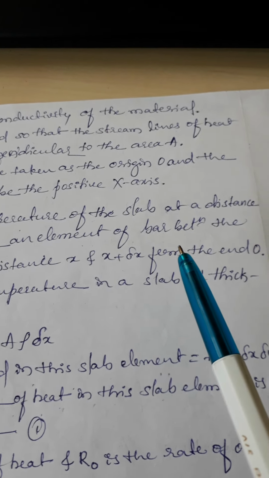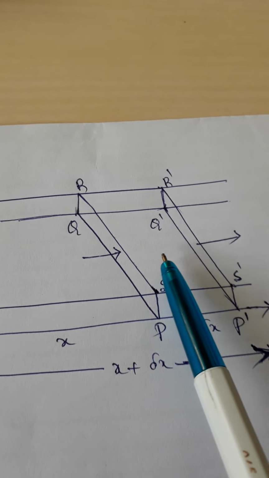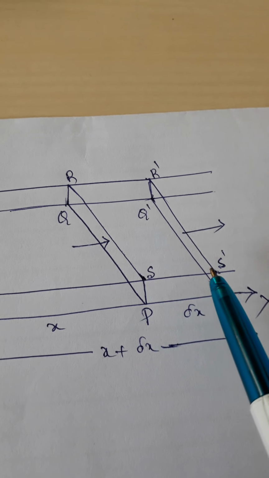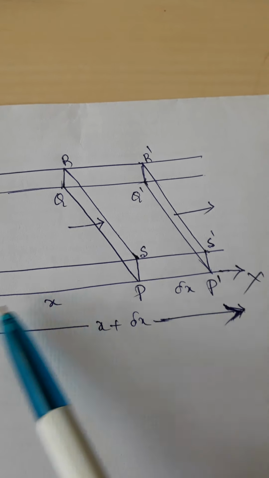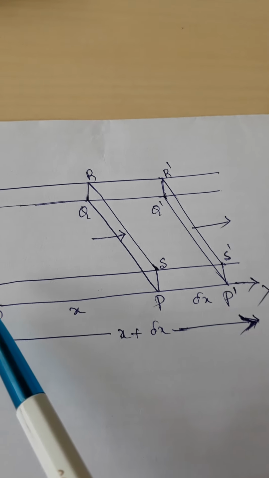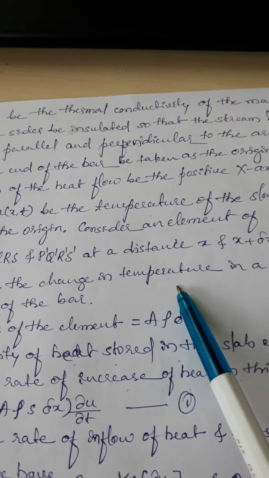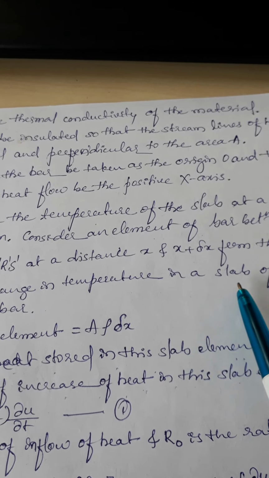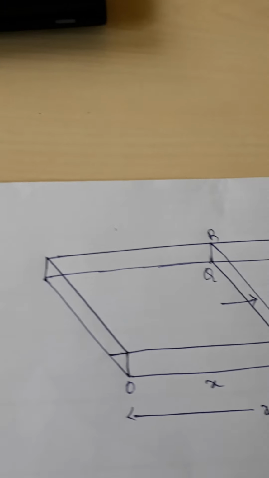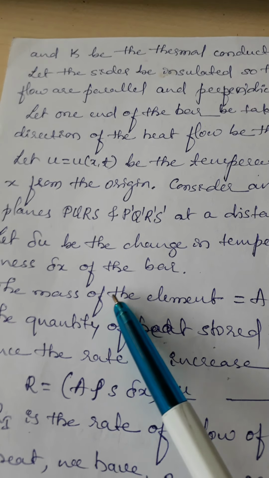Consider an element of the bar between the planes PQRS and P dash Q dash R dash S dash at a distance x and x plus delta x from the origin O. Let delta U be the change in the temperature in a slab of thickness delta x of the bar.